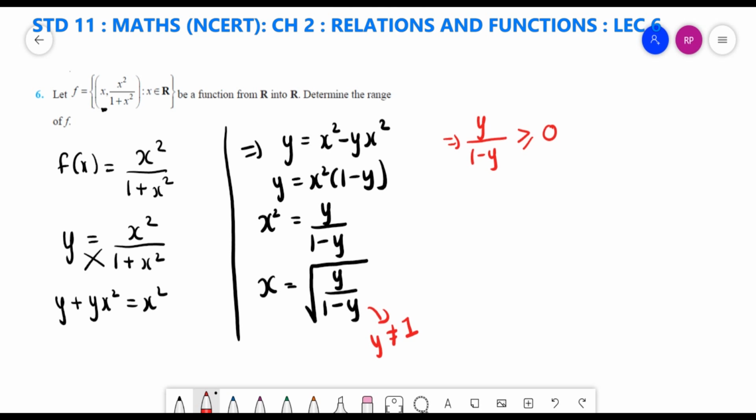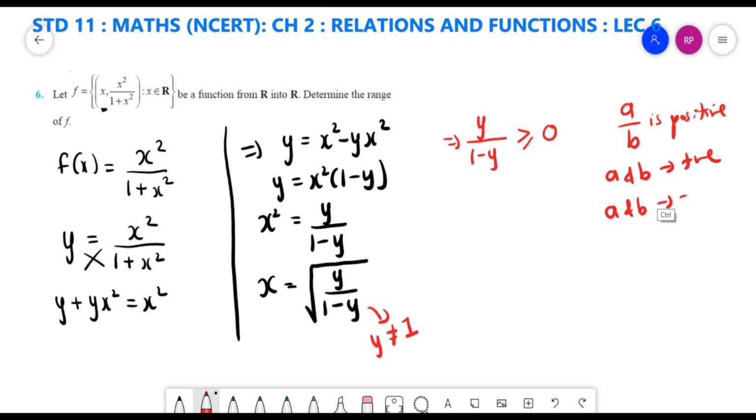Clear? Now, if a fraction a by b is positive, what does that mean? Either a and b both are positive or a and b both are negative, because if both are negative, the minus signs cancel in the numerator and denominator, so the final answer will be plus. Or else both will be positive.